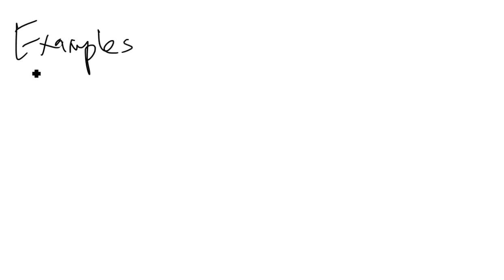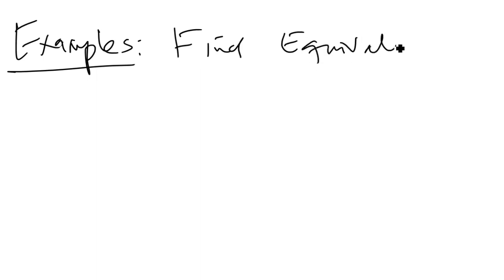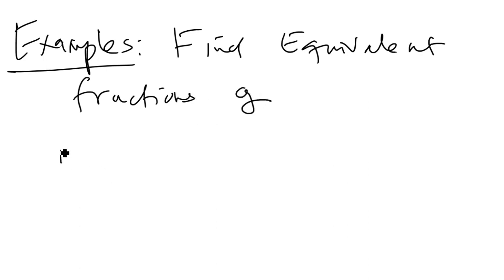Example. Find the equivalent fractions of number one. They tell you to find the equivalent fractions of 1/2. How to get the equivalent fractions? I'll give you a very simple trick.